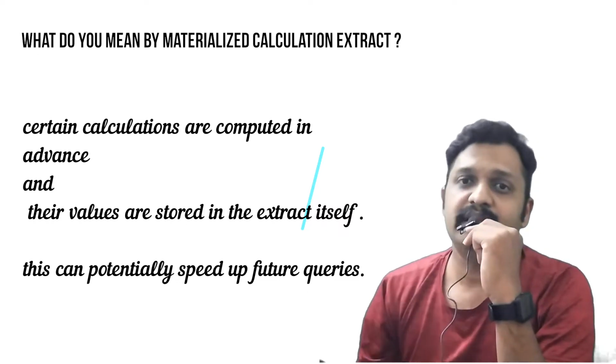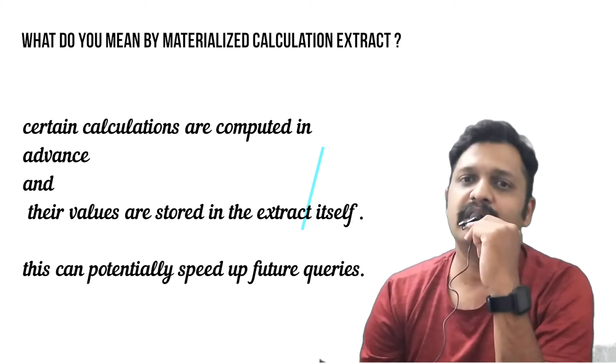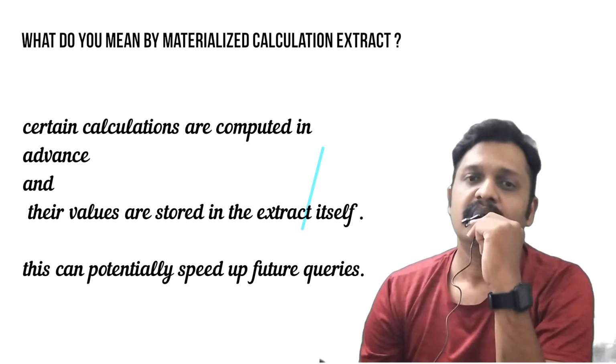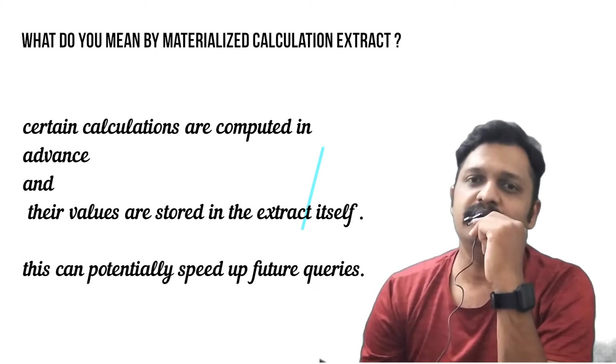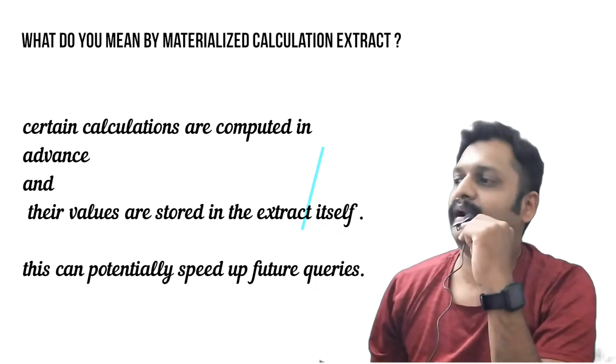This is one of the interesting concepts. Certain calculations are computed in advance and their values are stored in the extract itself. Depending on the complexity of the calculations used in your extract, this can potentially speed up future queries. Remember the word materialized calculation.